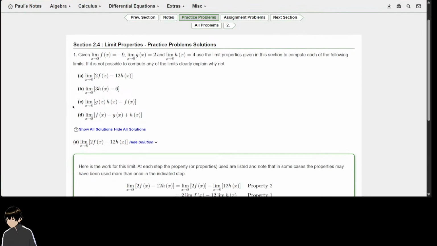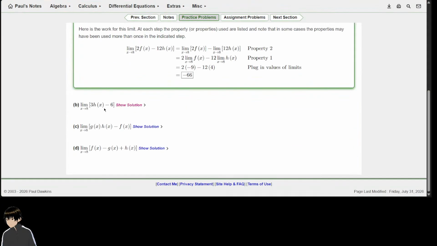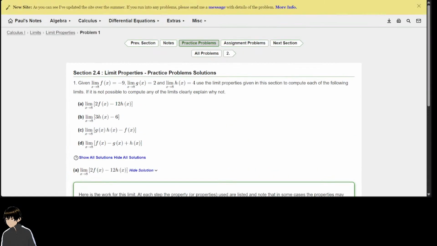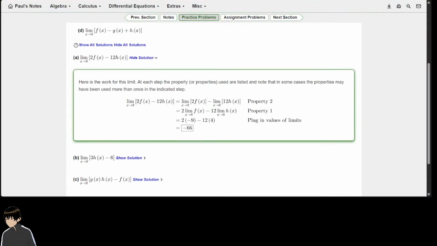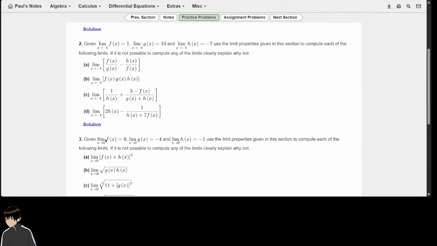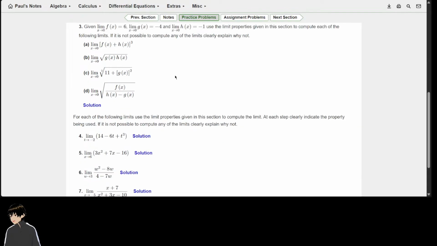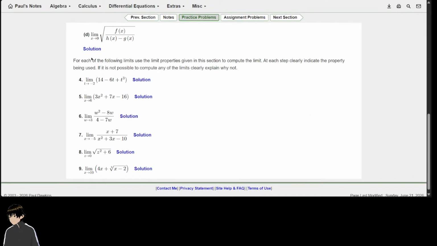So we pretty much already know how this works, just substitutions. I'll go back to the actual problems here. I need actual evaluation problems. Pretty sure if we're using compute the limit, it can be used, but not clearly explain why not.